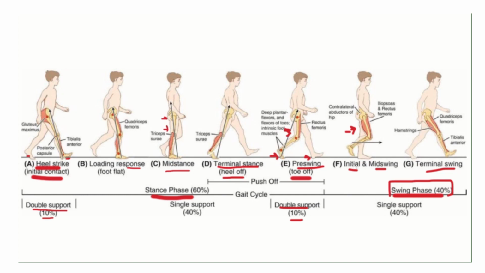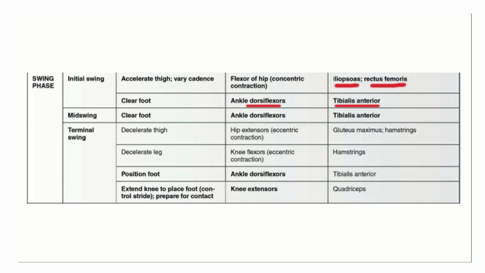When the foot is in the mid air, the ankle dorsiflexors will be working to keep the ankle dorsiflexed, so it is not loose or does not touch the ground. The tibialis anterior will be playing the main part here.